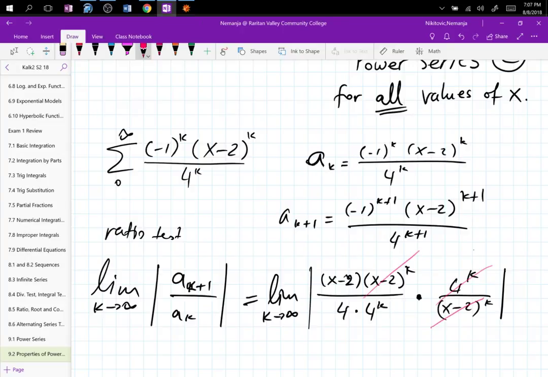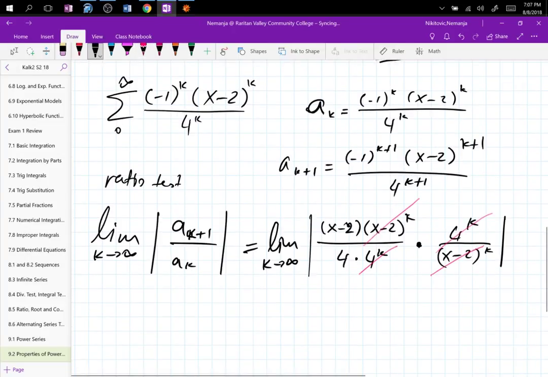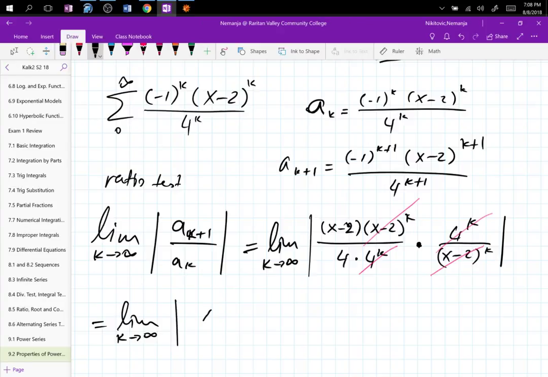Cancel, cancel, cancel, cancel. What are we left with? Limit as k goes to infinity of absolute value of x minus 2 divided by 4.